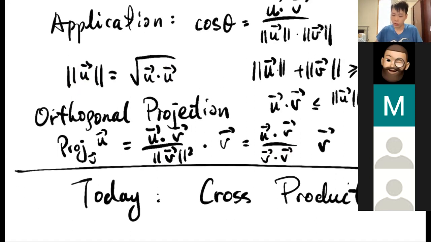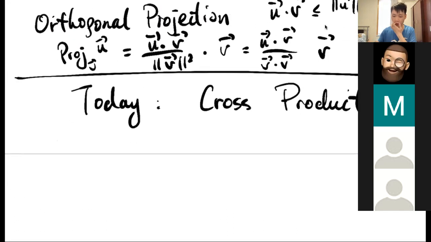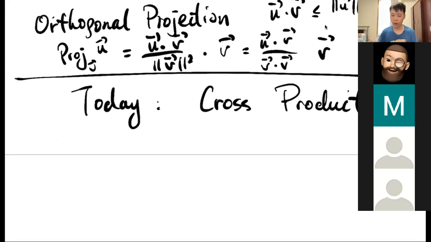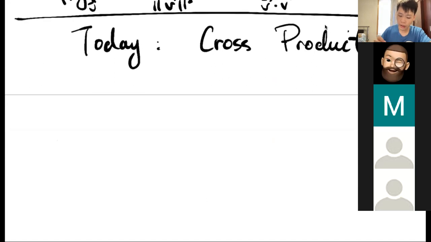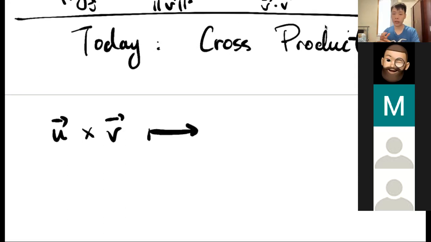So today we will be talking about cross product. The similarity between cross product and the inner product is that they both take two vectors. You still input two vectors. However, now the output, instead of a real number like in the inner product, is another vector.